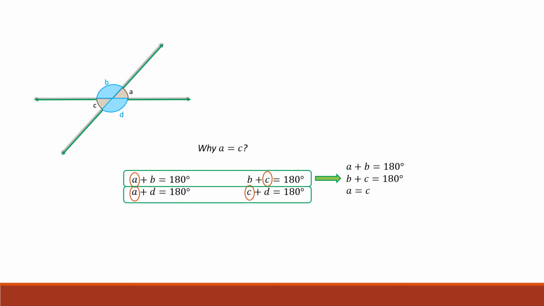Now you can actually pick the second statement. So I can pick A plus D being 180, C plus D equals 180, and get another chain that proves A is equal to C as well. We can do something similar for alternate interior angles. Let's say we know corresponding angles are always congruent and would like to show two alternate interior angles are congruent.